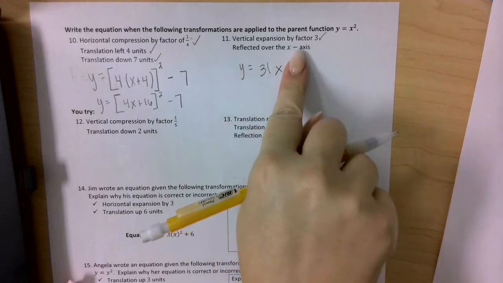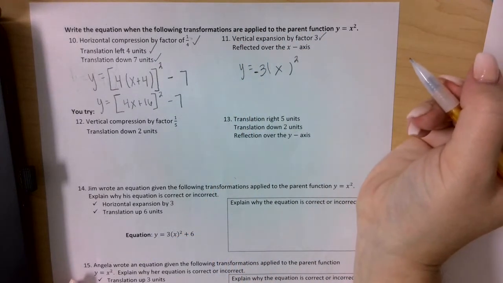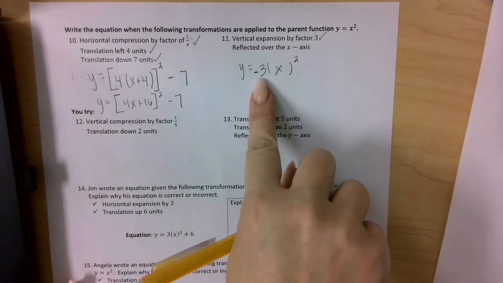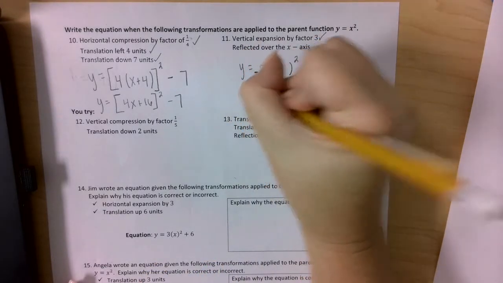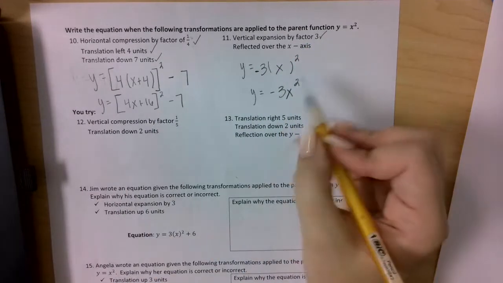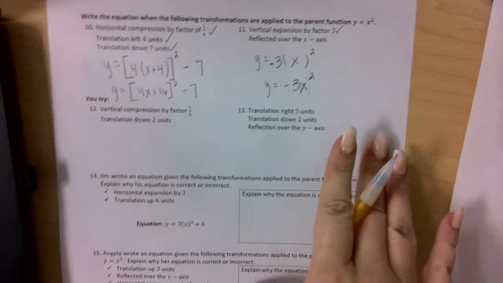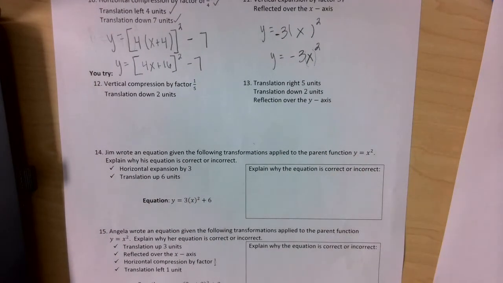And then I have a reflection over the x-axis, so that's going to be a negative in front of your vertical expansion. So this would look like that as your final answer. If you do a parenthesis around here, that's totally fine. I'm going to have you pause and I want you to try 12 and 13.